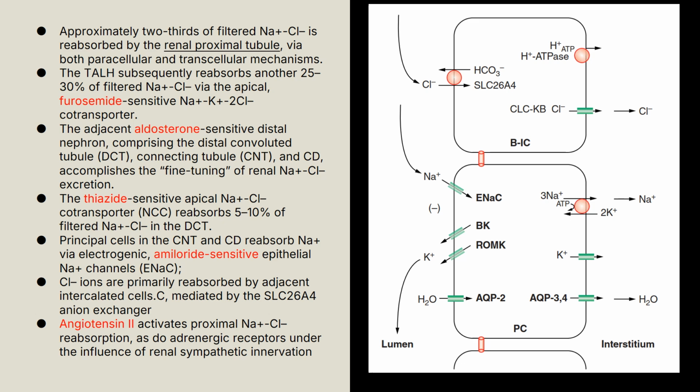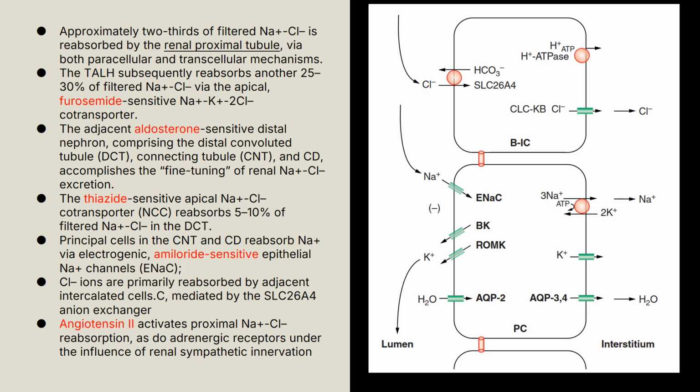The adjacent aldosterone-sensitive distal nephron, comprising the distal convoluted tubule, connecting tubule, and collecting duct, accomplishes fine-tuning of renal sodium chloride excretion. The thiazide-sensitive apical sodium chloride cotransporter of the distal convoluted tubules reabsorbs 5 to 10% of filtered sodium chloride.